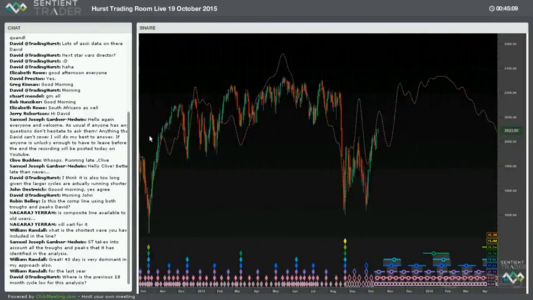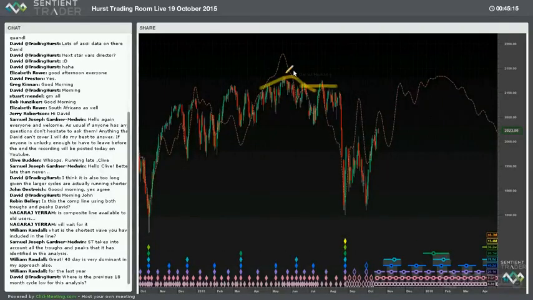We have the same discrepancies in this analysis. You can see here the peak disappointed relative to the composite model. The composite model expected a bit more of a kick up in May. So, with the benefit of hindsight, we can see that May was disappointing for the markets, according to the cyclic model that we have here.